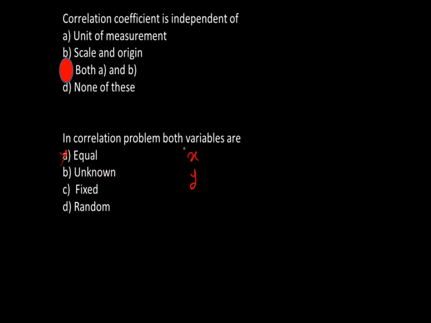Unknown is not the case, because if you are solving the problem you should know the values of x and y. So this is also discarded. Fixed is not a possibility, otherwise there would be no use in evaluating the correlation coefficient. So the only answer is random, right? Both values of x and y are required, they cannot be unknown, and they may vary according to the problem. That's why it is random.